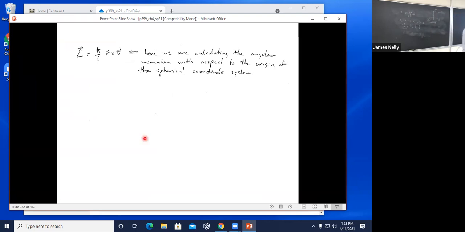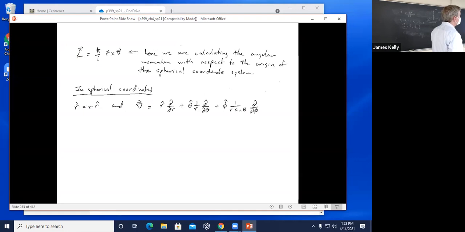So we need a differential expression for the angular momentum. And remember, it's r cross p. So we're writing p in terms of del, and p as a vector was minus i h bar del. Okay, and so what we're going to do is substitute the expression for del in spherical coordinates, which again, I'm not going to elaborate on here.